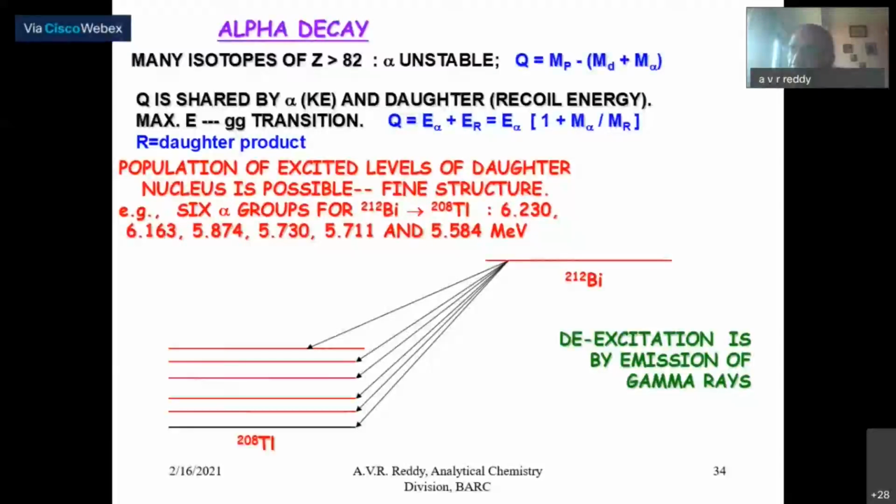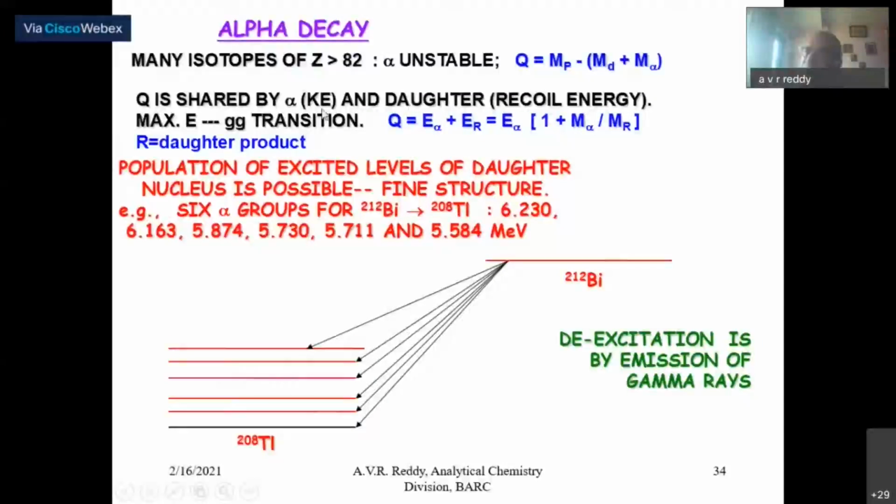If that is so, where is the difference of energy, or rather mass? Mass and energy are interconvertible. Therefore, that energy is called the Q value of the decay process, and it is shared by both the alpha particle, the lighter one, and the daughter product.